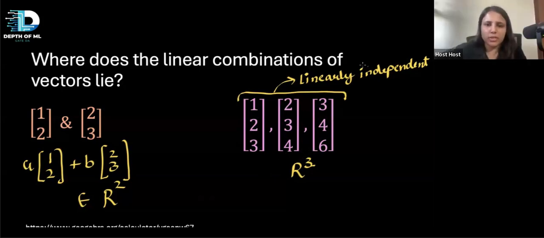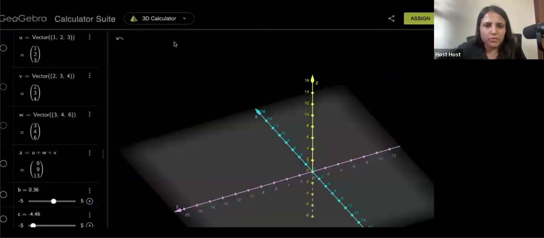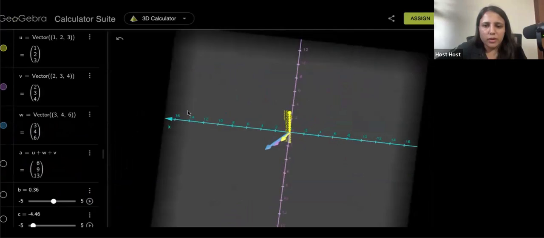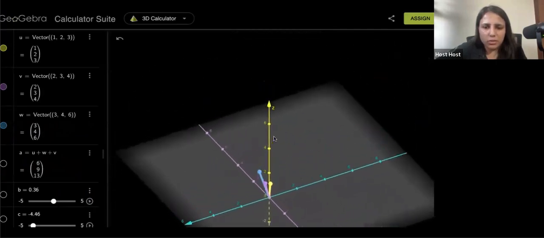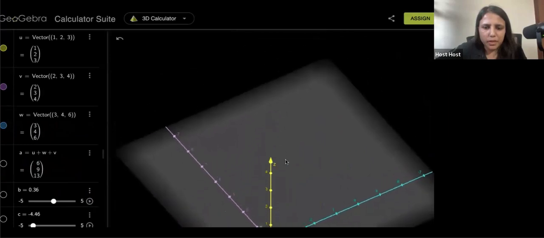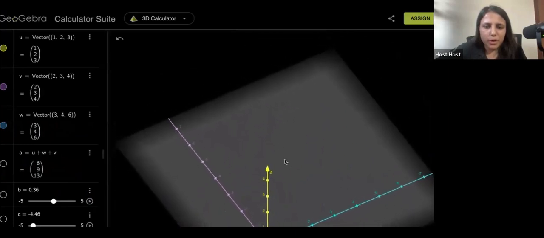Okay, so we can visualize this also because this confusion came up. Let me just show these vectors. So this is vector 1, vector 2, and vector 3, right? If I visualize them, they are actually in 3 different directions. You can see that they're pointing in 3 different directions.